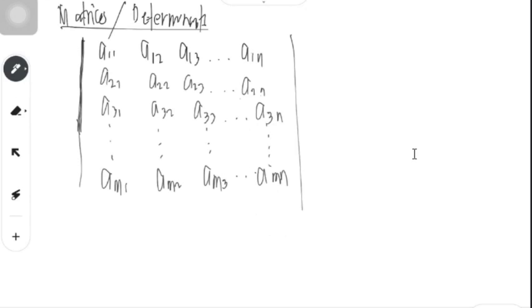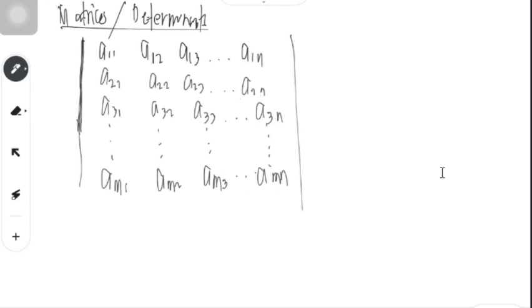So a matrix can be defined as a rectangular array of numbers or elements, no, represented within a bracket and arranged in this manner, wherein your A11, A12, A13, and so on, are known as the elements.